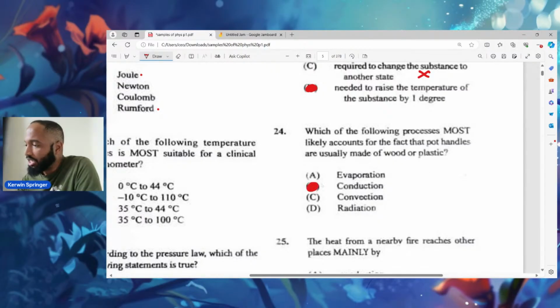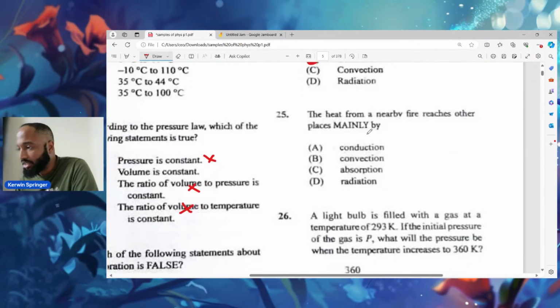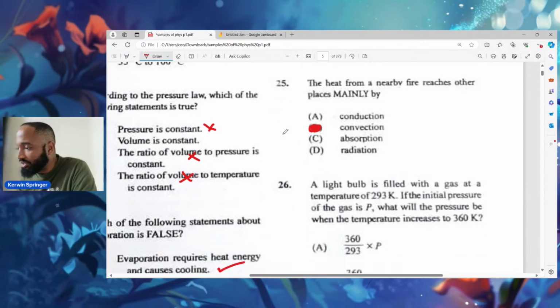Conduction, because you're not trying to get burned up. When you're boiling a pot of broth, the heat from a nearby fire reaches other places mainly by convection, from the fire through the air. I mean, radiation will be there, conduction will be there as well, but the main thing is convection.